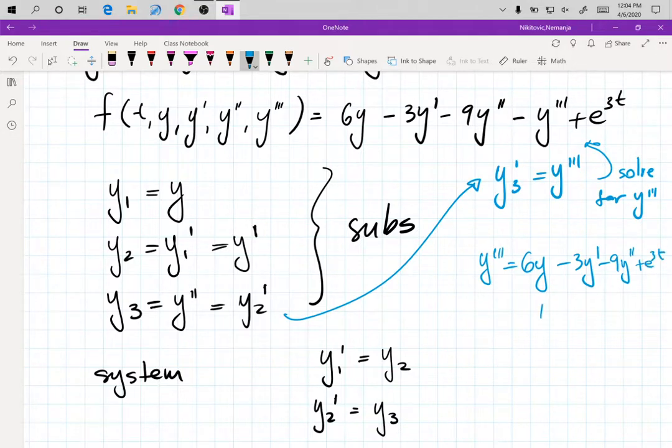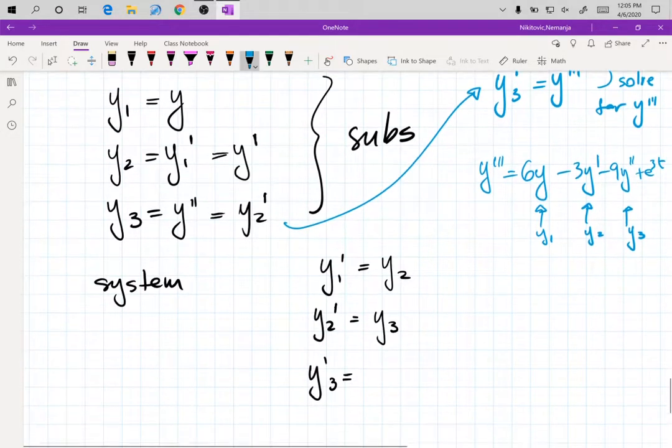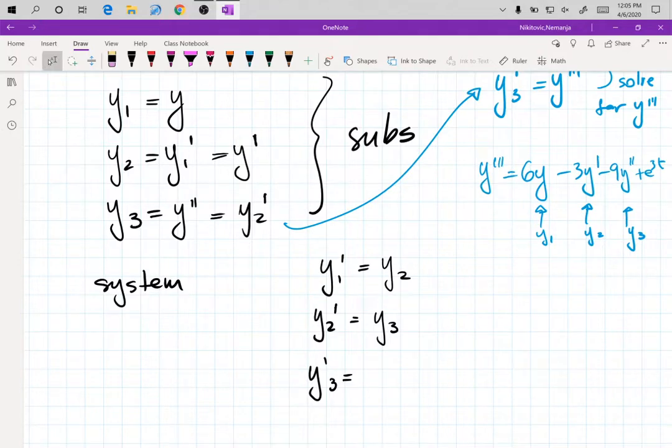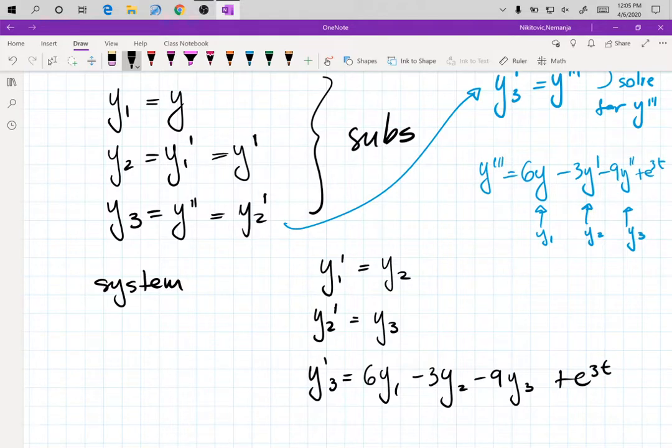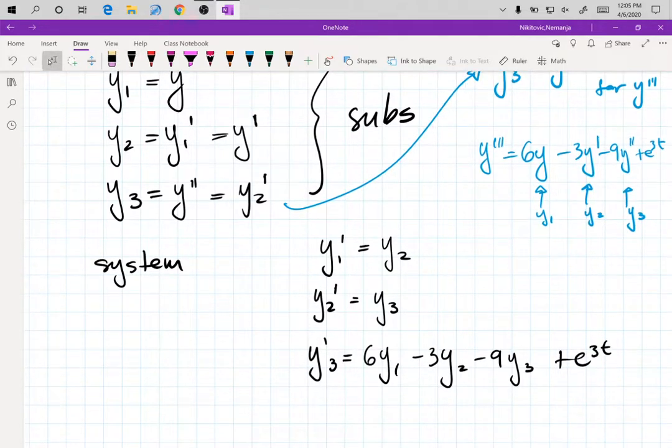And now this one is y1, this one is y2, and this one is y3. So my y3 prime is 6y1 minus 3y2 minus 9y3 plus e to the 3t. Woohoo! There it is.